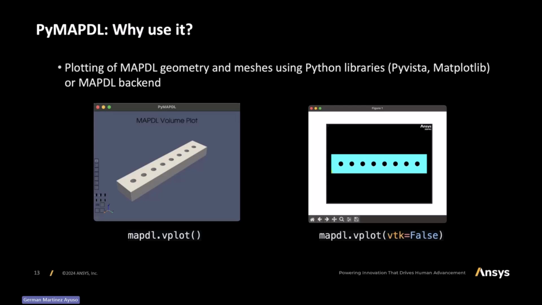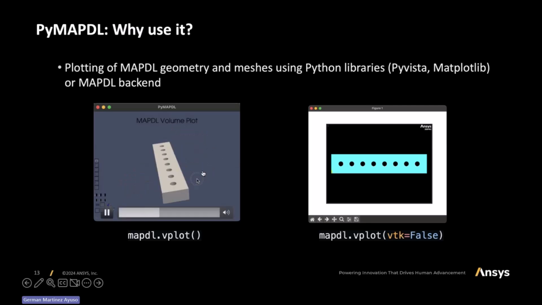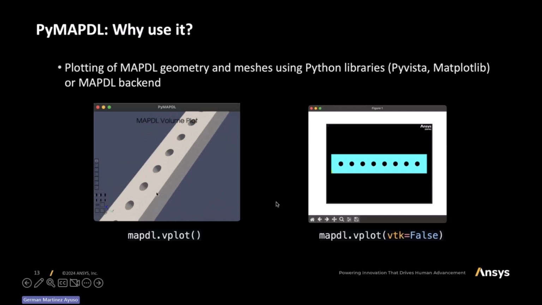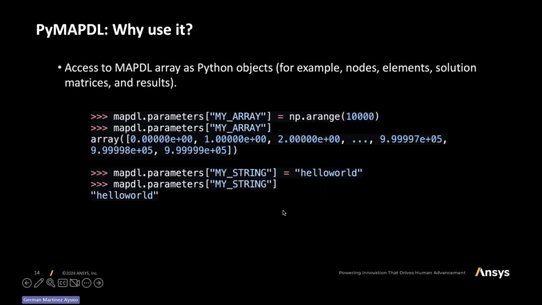You can now use more interactive Python plotting libraries like PyVista or Matplotlib, but you can also use the old MAPDL backend if you wish. It's quite a new feature. And because it's interactive plotting, you can drag and zoom around, and it's quite useful.